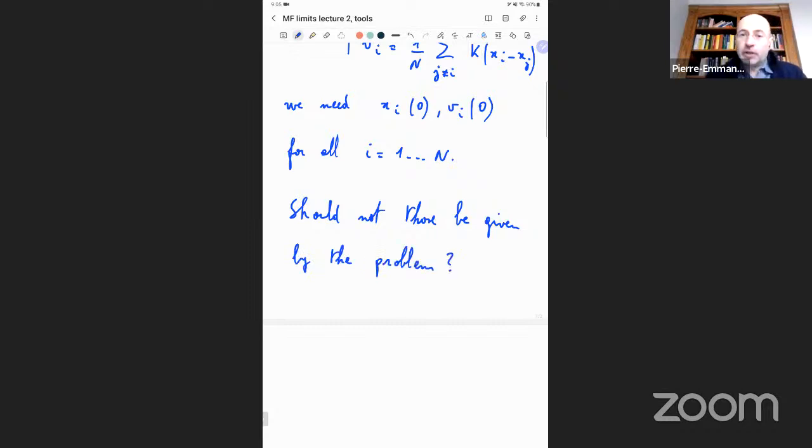Right, so that's a very natural reaction. And if that was the case, of course, I wouldn't need to do this section 0. The answer to that is a resounding no. This is not given by the problem.